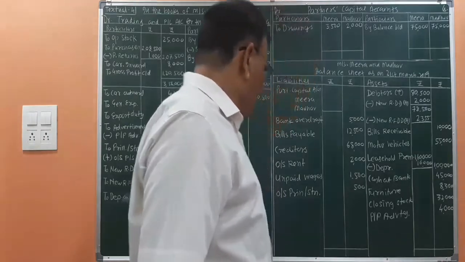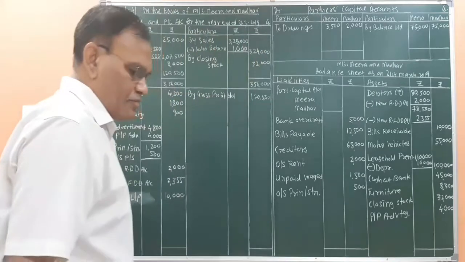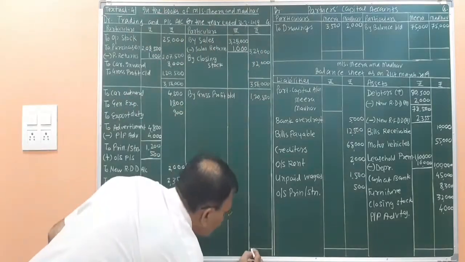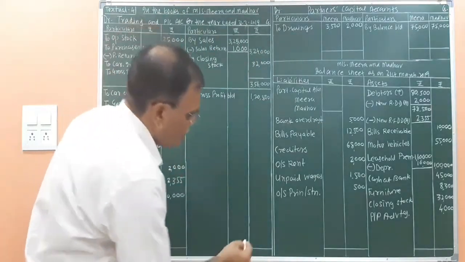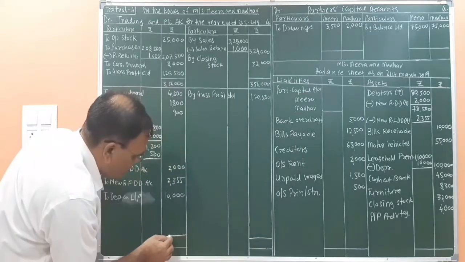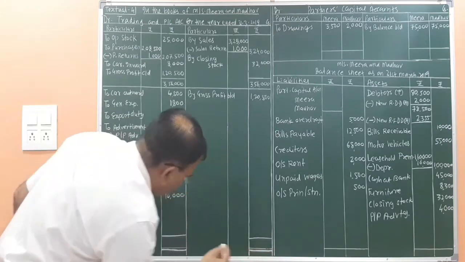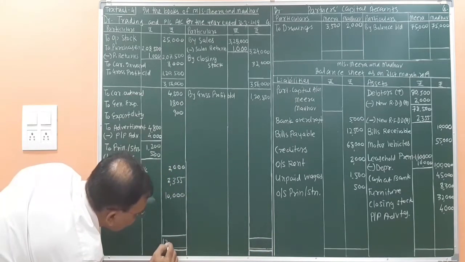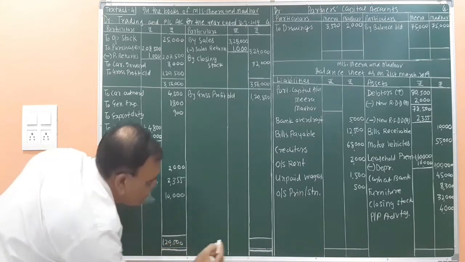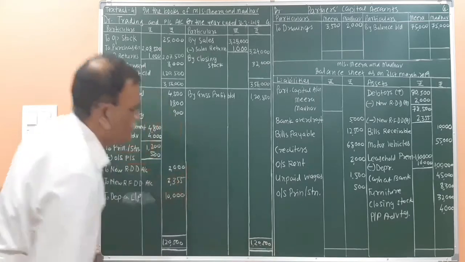Now the credit side seems to be heavy, 1,20,500.